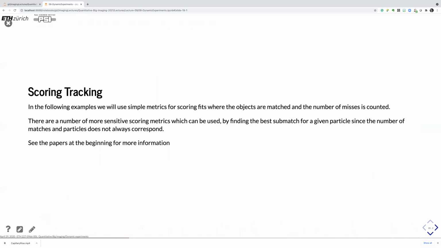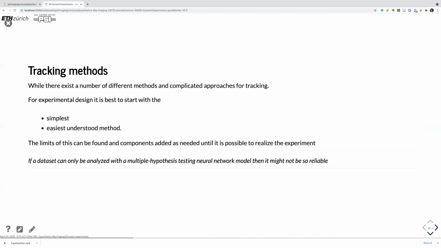And we need to match each dot with a dot in the next plane. The very simple method to do this, usually take the easiest first, would be to take the nearest neighbor. So looking in between two frames and see which is the nearest.